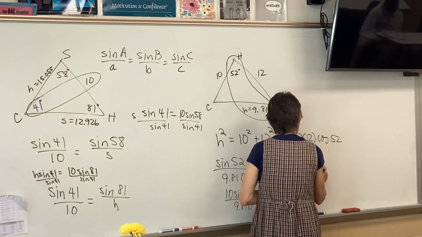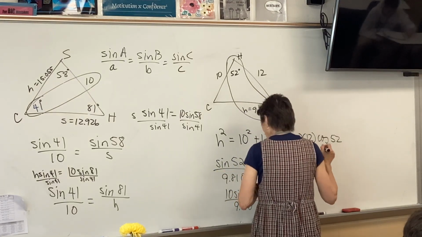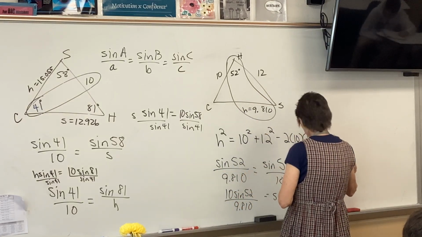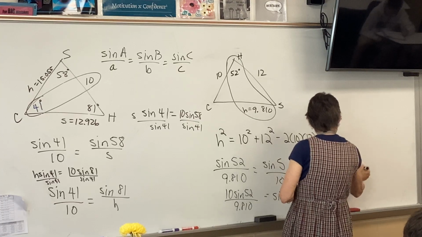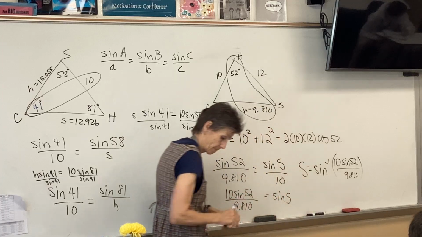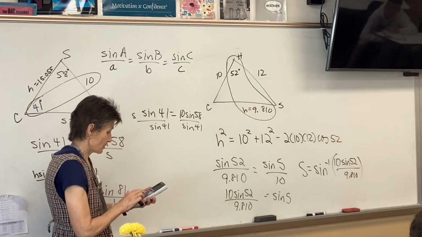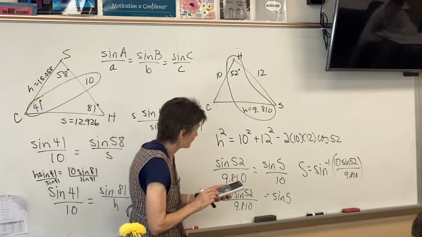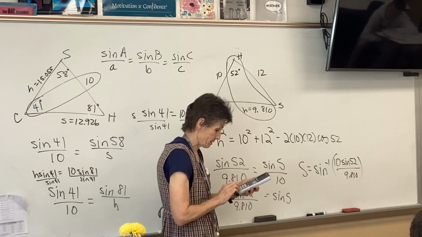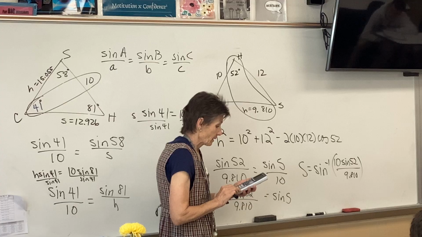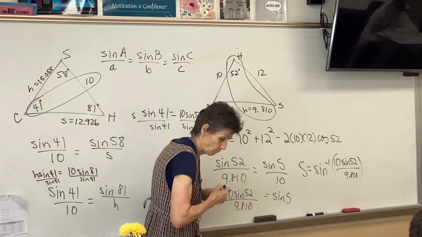To get angle S, to get an angle, you need to use your inverse button every time. So second sine, 10 sine 52 divided by, I got 53.444.